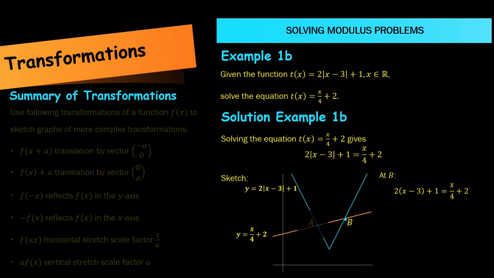At point B, the modulus function is not reflected, and therefore we leave x minus 3 as it is. And so we have this equality. Multiplying through by 4 gives us this expression here, and expanding the brackets gives us this expression.